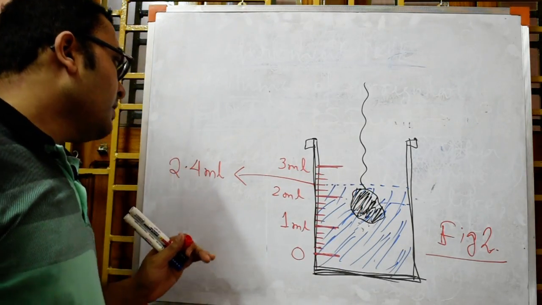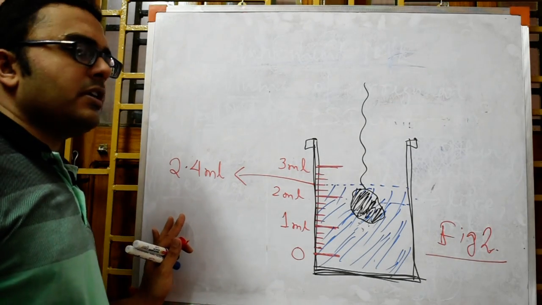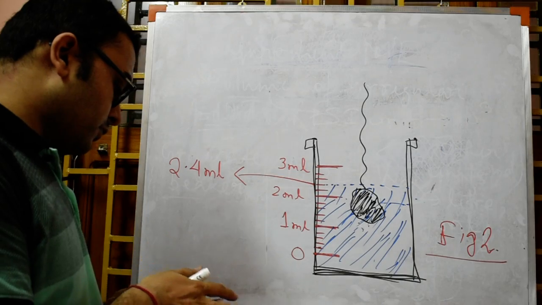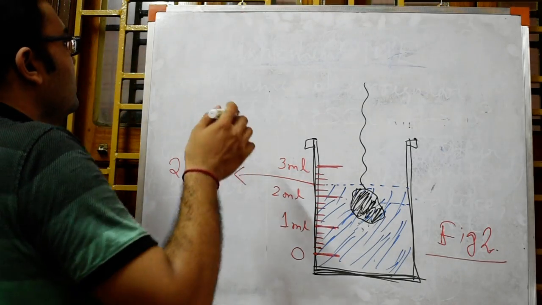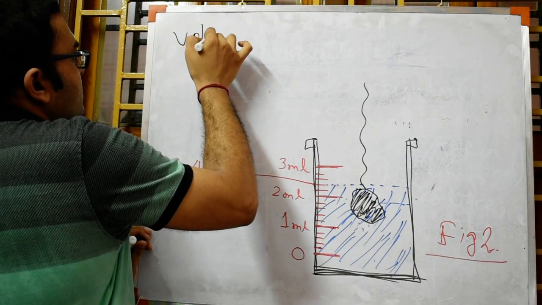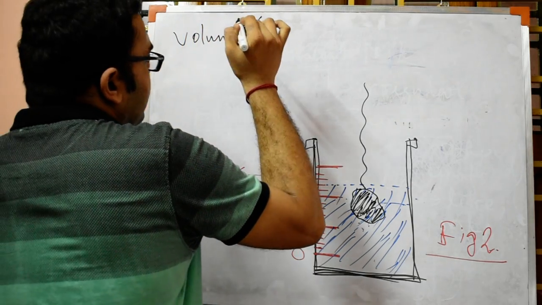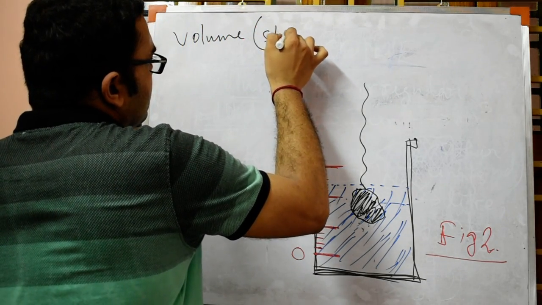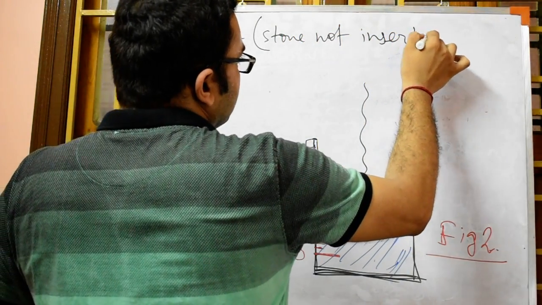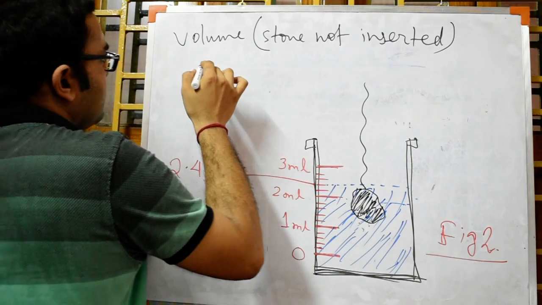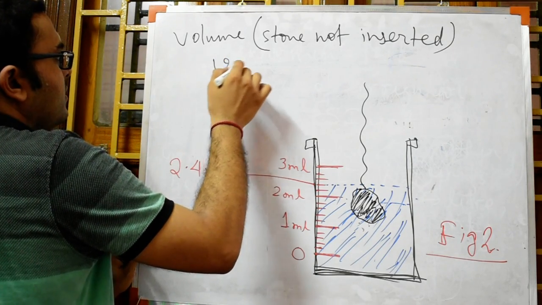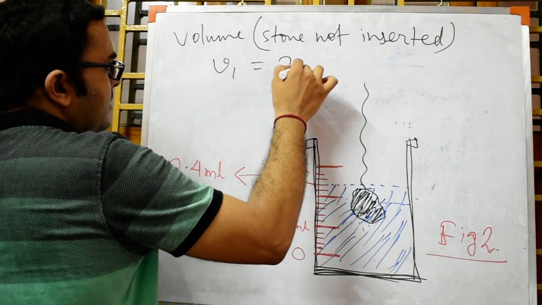Now previously the water was at, so I am writing it, the first volume when the stone was not inserted. Volume, in bracket, stone not inserted. Let me mention it as V1. V1 equals 2 ml.